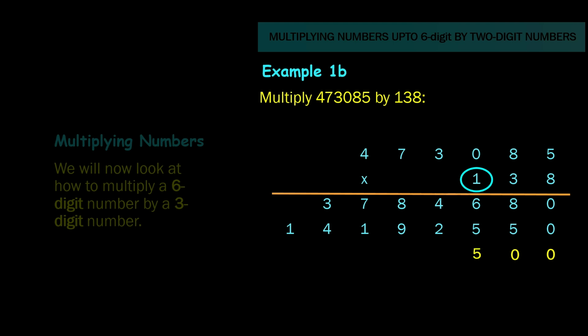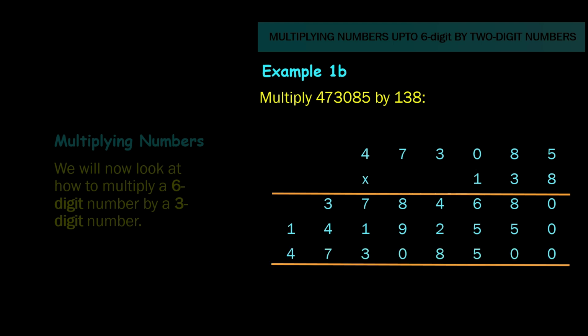Position this to the left of the 0, as shown. 1 times 8 is 8. Position this to the left of the previous digit, as shown, and now continue in the same way until you reach the very end. We can now add the 3 rows as shown.